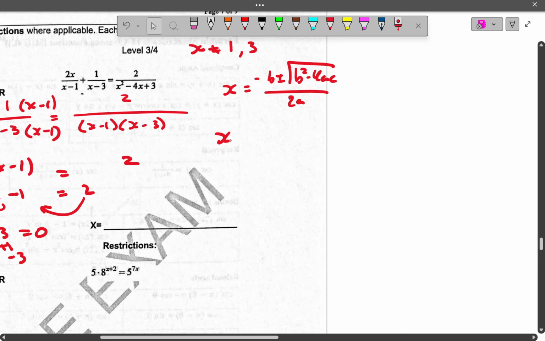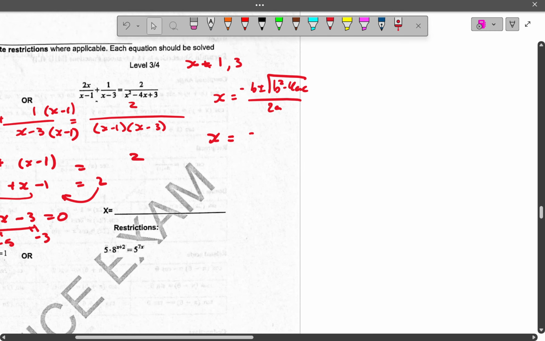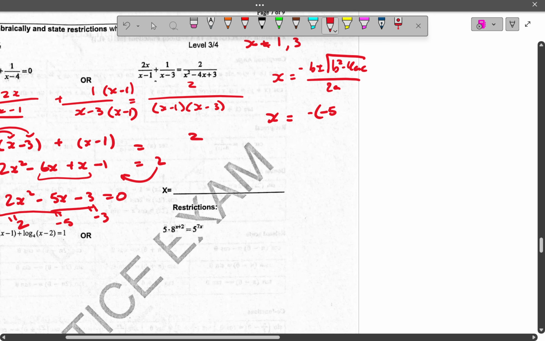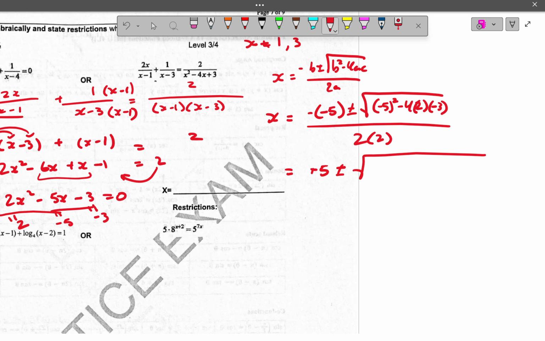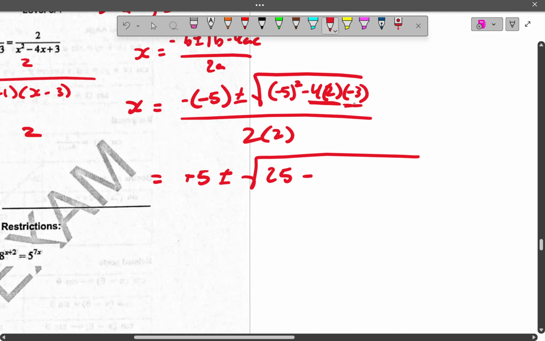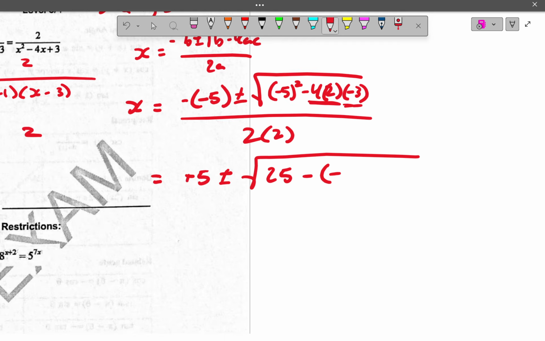Our answer will be negative b, so negative negative 5, plus or minus the square root of b squared minus 4 times a times c, divided by 2a. And so simplifying, I get positive 5 plus or minus the square root of 25, and then I have 4 times 2 times negative 3, which becomes negative, so 8 times 3 will be 24, divided by 2 times 2 is 4.